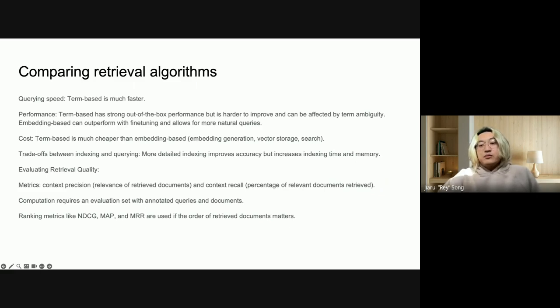When it comes to performance, term-based retrieval can offer strong results right out of the box. Solutions like Elasticsearch and BM25 have a proven track record. However, it can be harder to significantly improve its performance beyond a certain point, and it's susceptible to term ambiguity, where the same word can have different meanings.